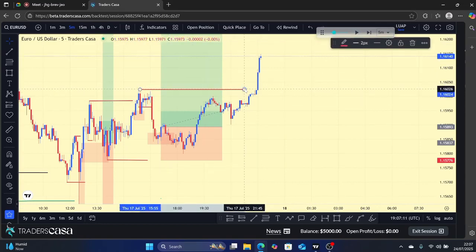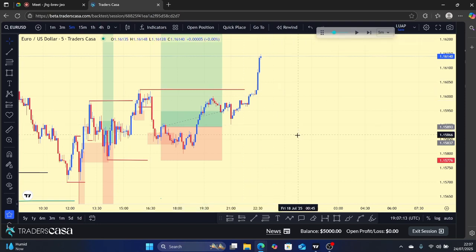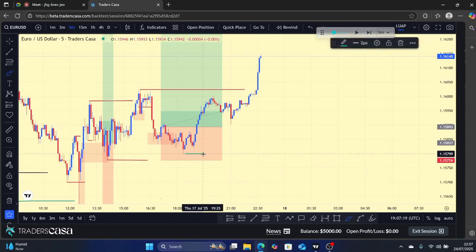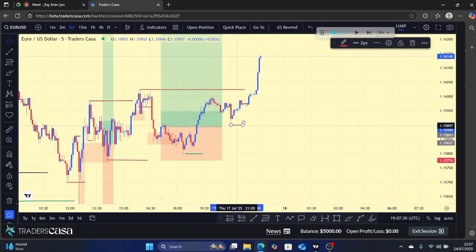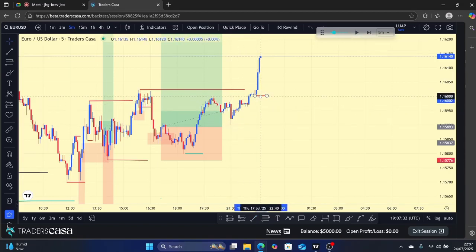So right here, that's our break of structure, and this one here is a low. So we are currently in a new trading range, and the process of buying continues and continues. So right here, where is our inducement? Our inducement is this one, and in this case it is a minor inducement.